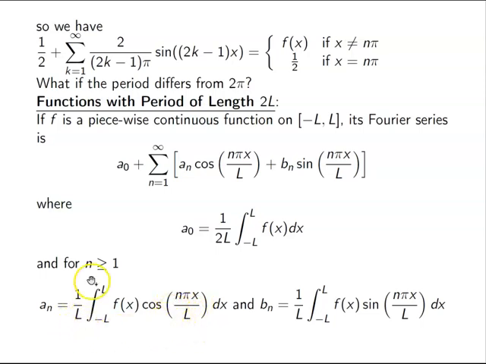So when this is from negative pi to pi, L is pi, and this turns into just nx. So this is the generalized form. This is really what you normally will see and use in practice, because it's not always going to be from negative pi to pi. Everything is the same, but if we choose an interval of negative pi to pi, it would default back to the formula that we derived at the beginning.